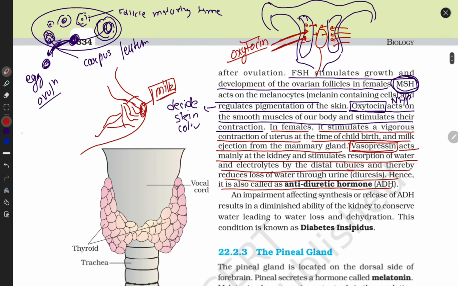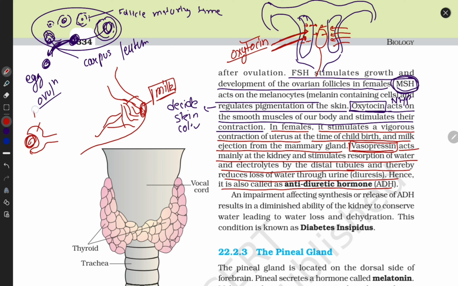Now this is the structure of the nephron. This is the glomerulus. This is the Bowman capsule. Where is the nephron found? It is found in the kidney.